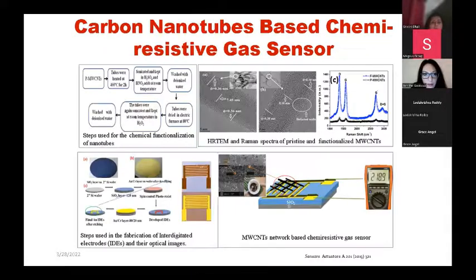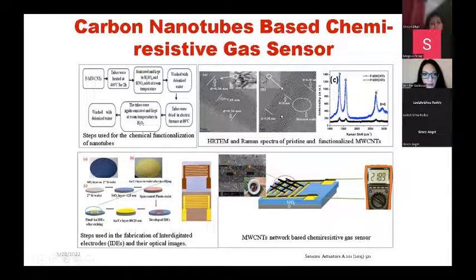So another, as I said earlier, this is a basic schematic in which I'm using multi-wall carbon nanotubes as a gas sensing material. Again, I have functionalized these nanotubes with the combination of H2SO4 and HNO3, which is the well-known piranha solution.